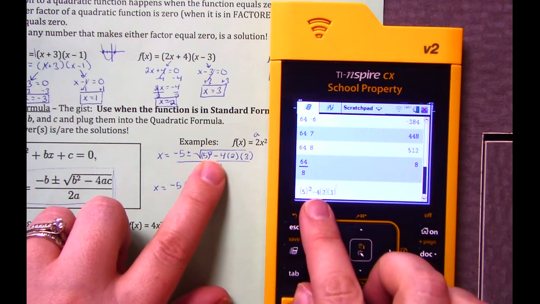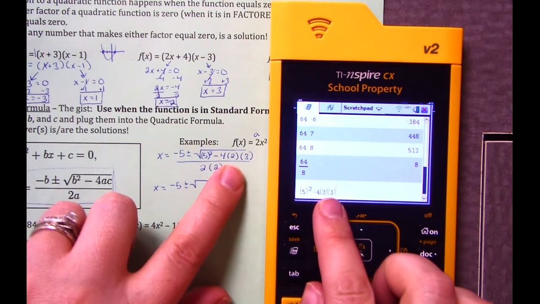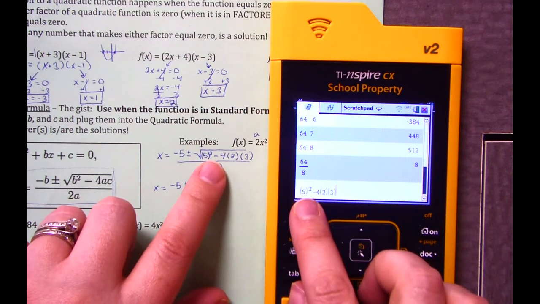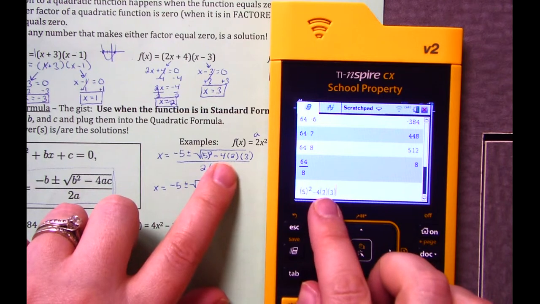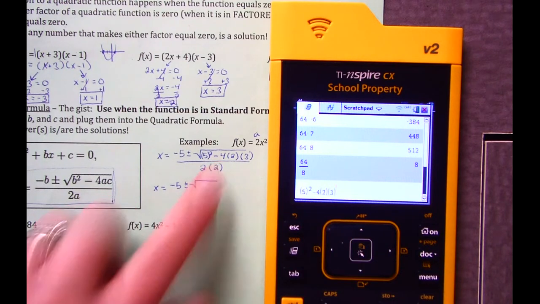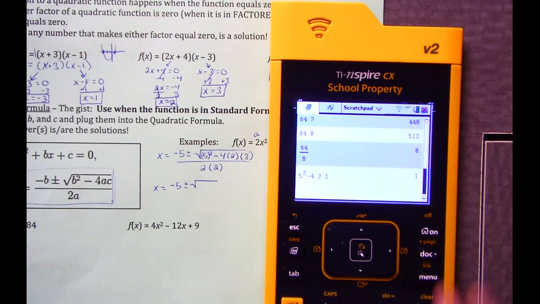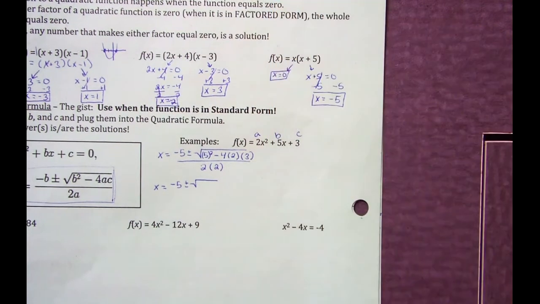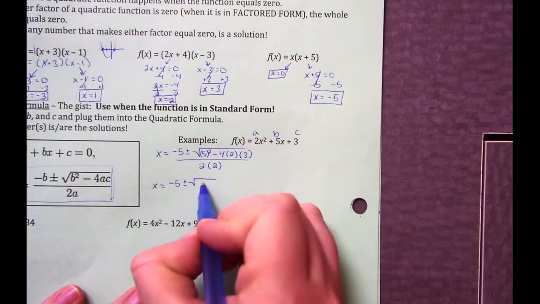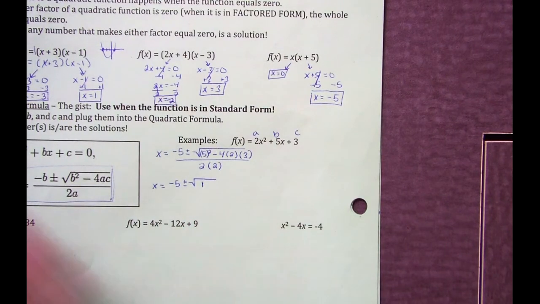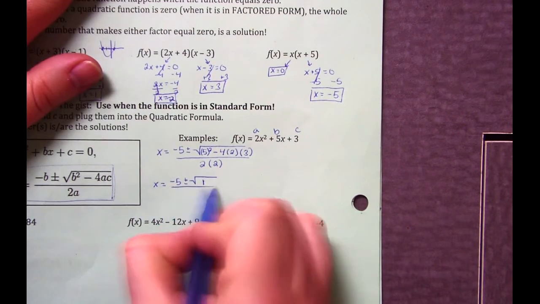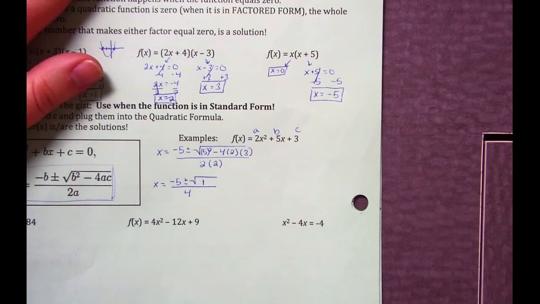5 squared minus 4 times a times c. And I'm putting my 5 and my 2 and my 3 all in parentheses, because that's going to help me do this if any of those are ever negative. Enter. And that just equals 1. So all of this is really just 1, all over 4.